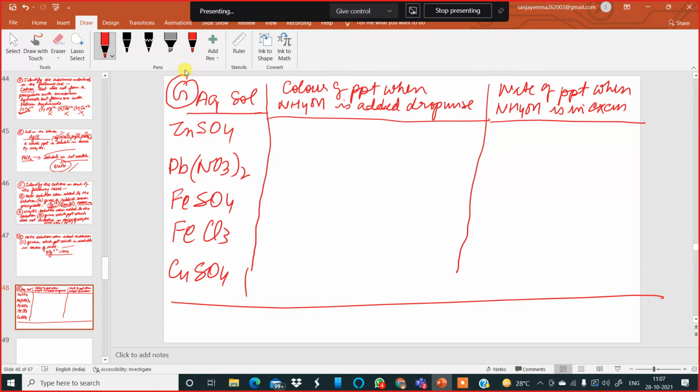Not curdy white, it is gelatinous white. If you add excess of ammonium hydroxide to this gelatinous white precipitate, it dissolves. It is soluble. So this is how you are supposed to answer this question. Are you getting it? Complete the rest. Don't write wrong answers.